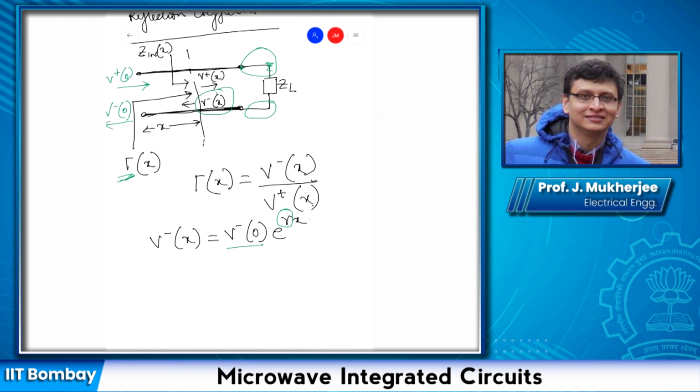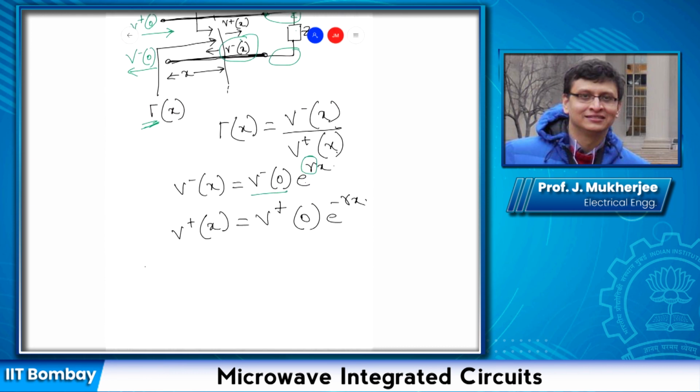So similarly we can write v plus of x as equal to v plus of 0 e raised to minus gamma x. This comes from the solution of the transmission line equations, and gamma of x is then given by v minus of 0 upon v plus of 0 e raised to plus 2 gamma x.